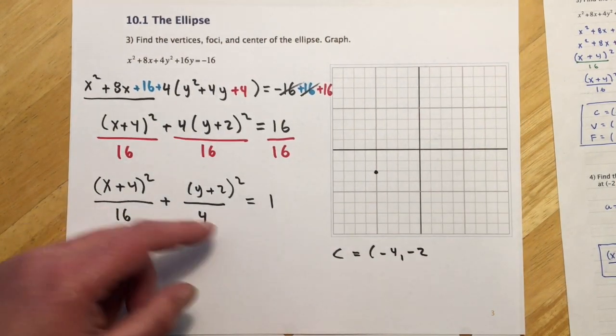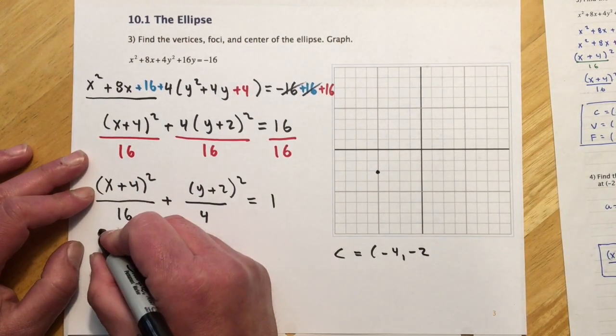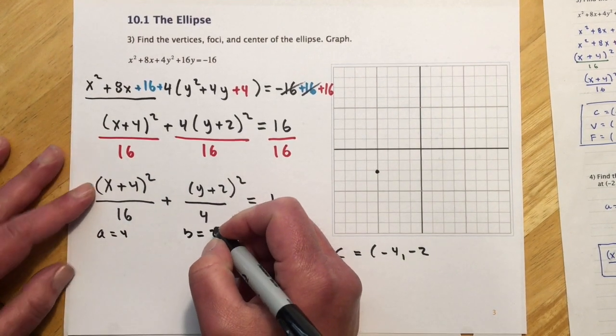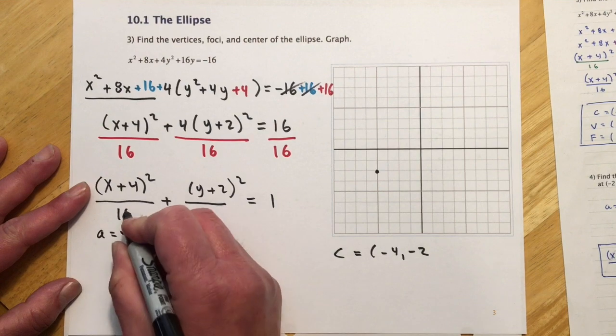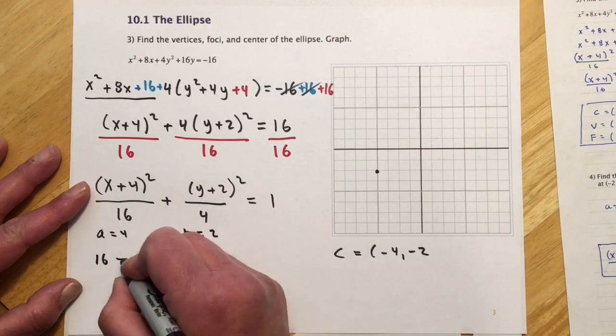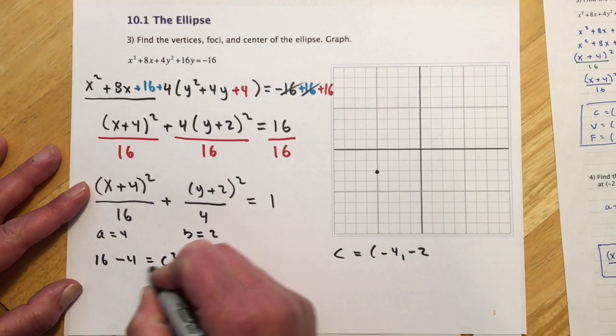And we know A and we know B. So A is 4, B is 2. And then remember this goes A squared, so 16 minus B squared, which was 4, equals C squared.